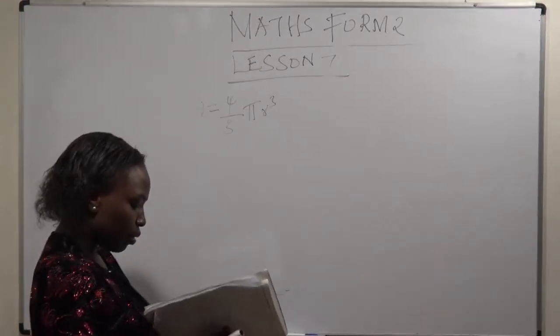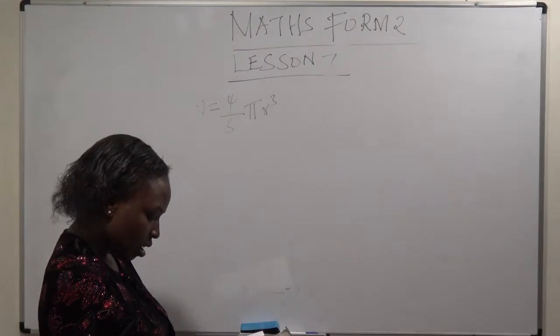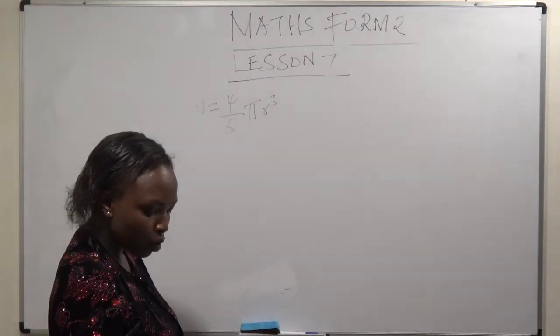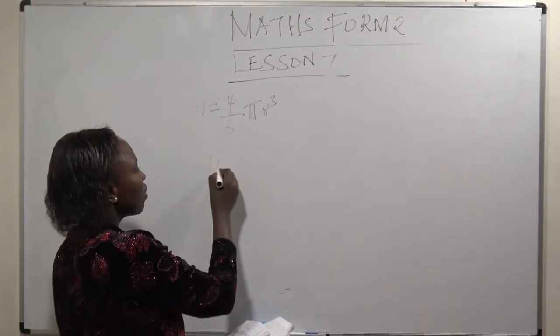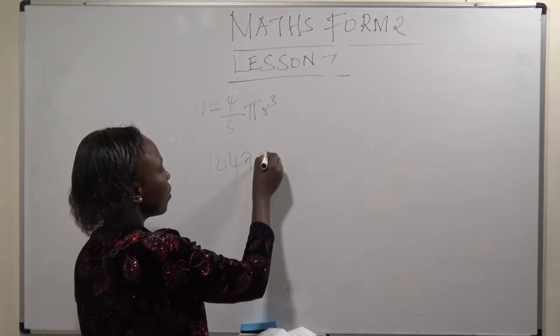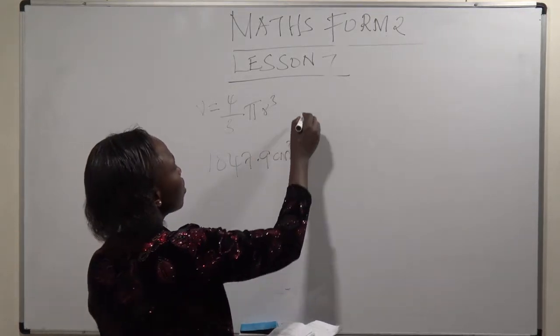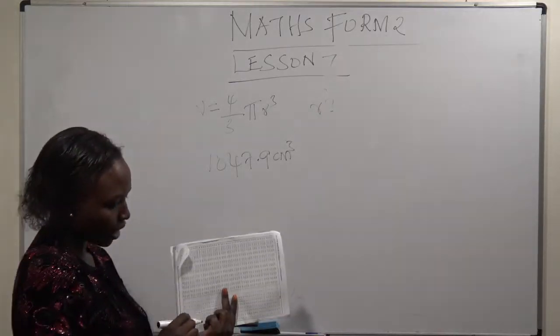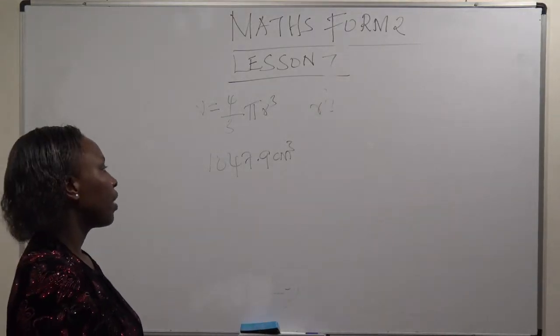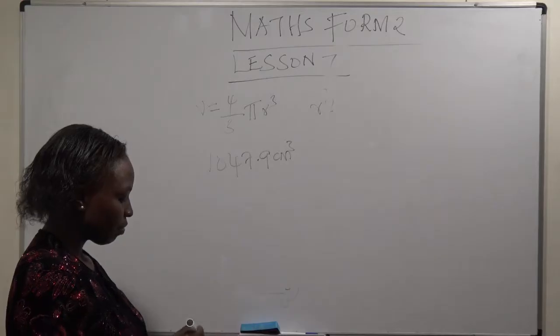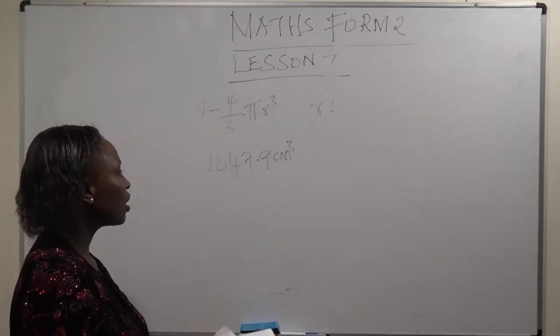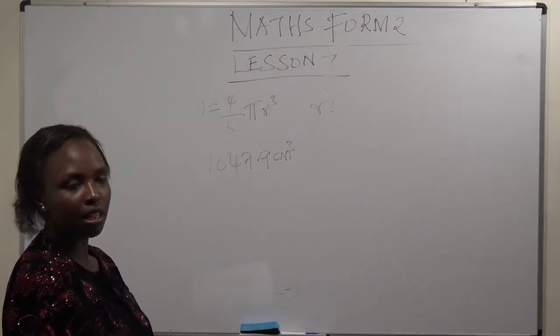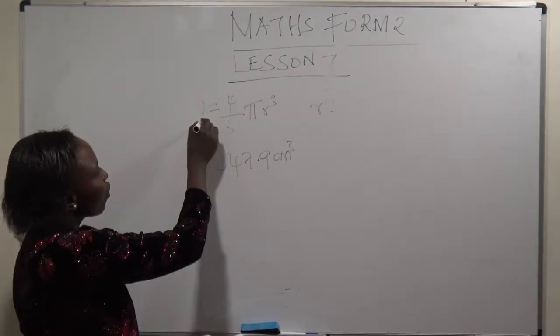So you are supposed to find the radius of a sphere whose volume is 1,047.9 centimeter cubed. So we already have this volume here.